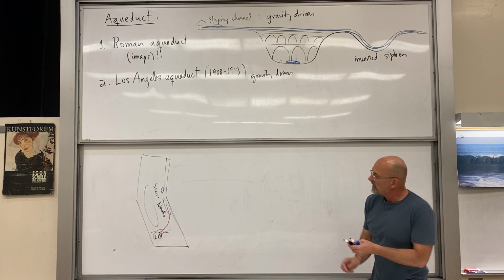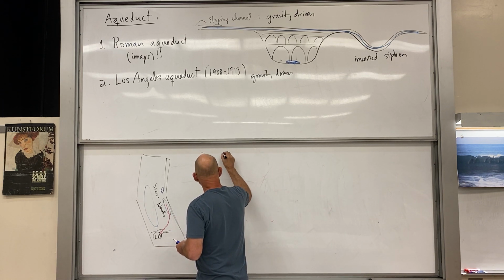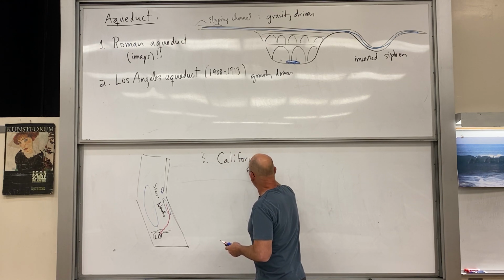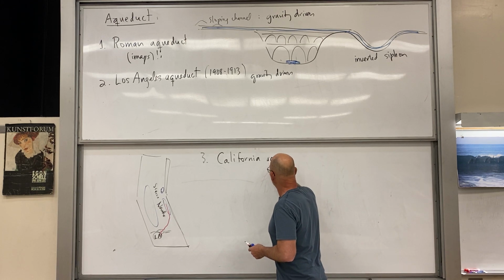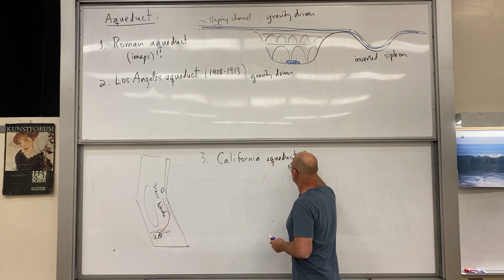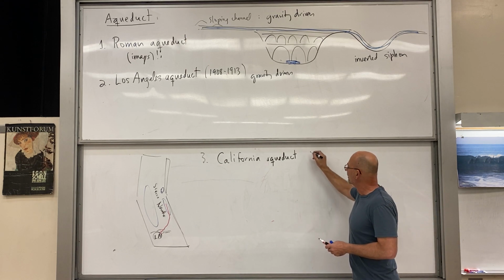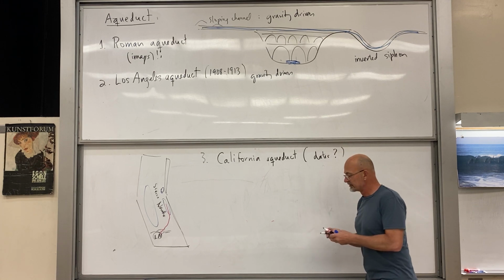Now the third aqueduct you should be aware of is the California Aqueduct. And again, you'll find good images and good information on it. This was built much later, 1960s perhaps. Dates, okay.